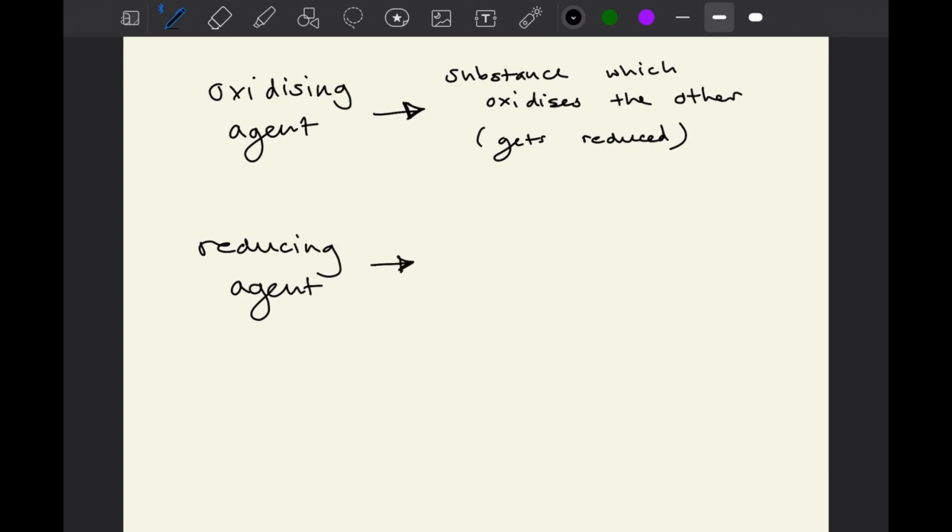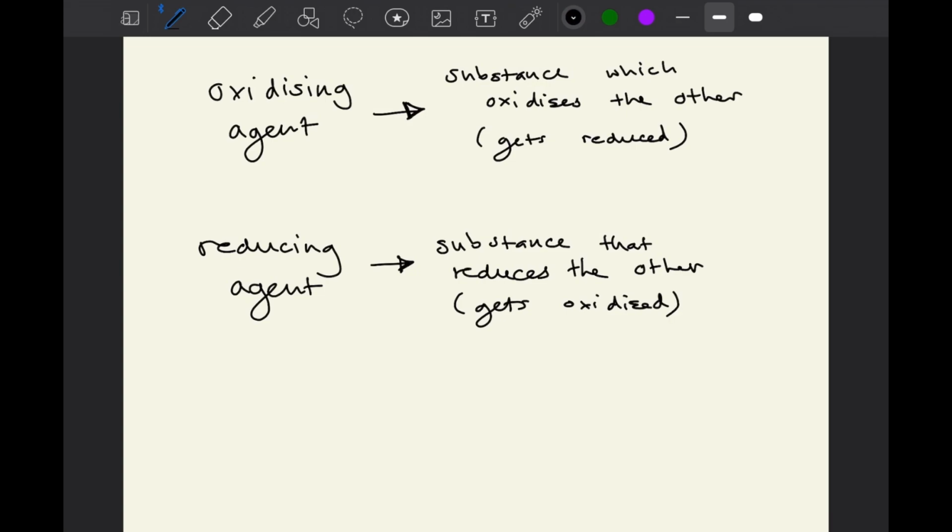So what is the reducing agent then? Well, that's just the opposite. That's a substance that reduces the other. So what does that mean for itself? Well, that means that it gets oxidized.